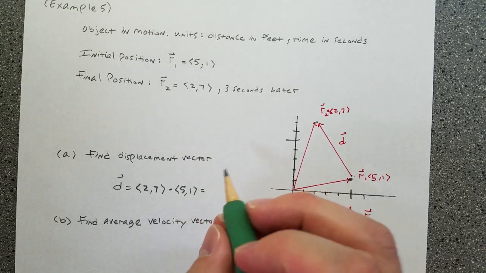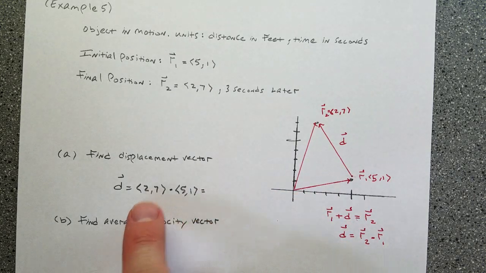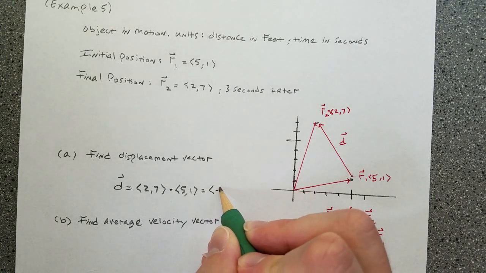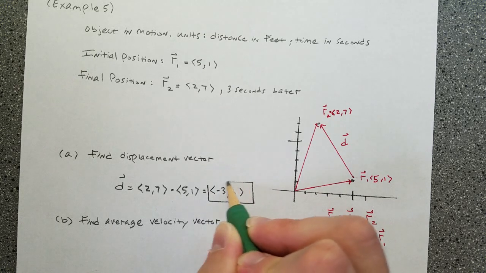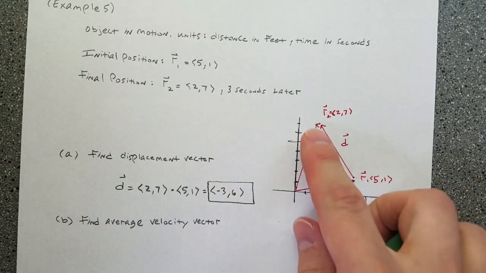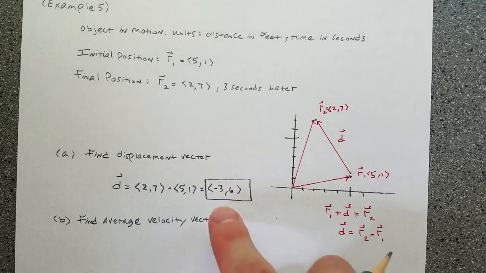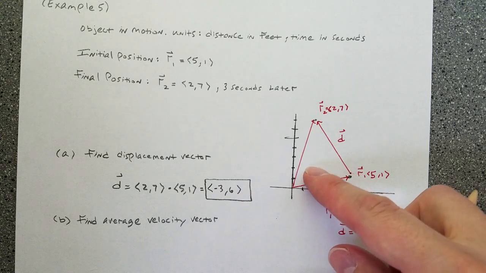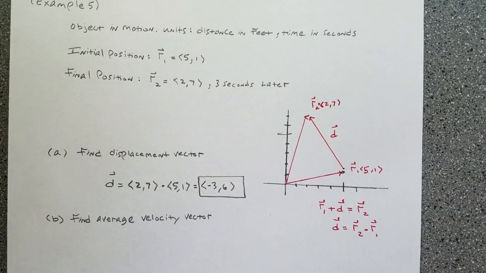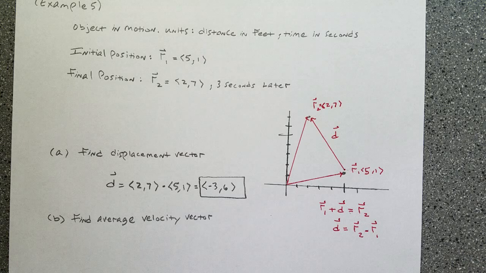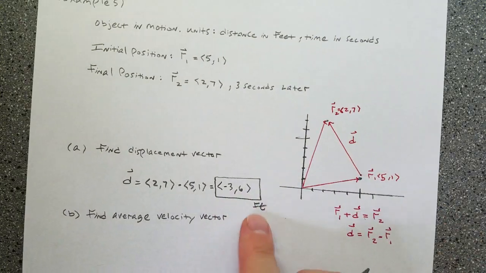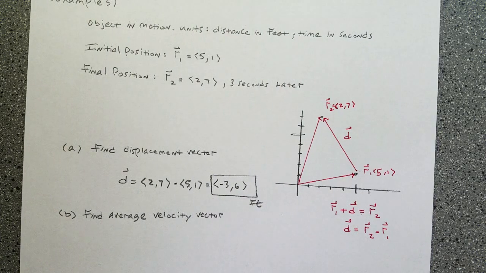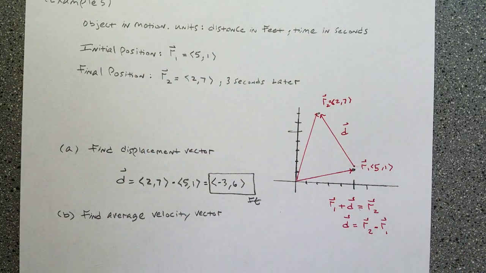Then we'll find that the displacement vector is -3, 6, which just means that according to starting here and ending up there, we would have to go left 3 and up 6, which certainly looks correct. And if we wanted to give units to the displacement vector, it would be in feet, because say we measure all the distances in feet.